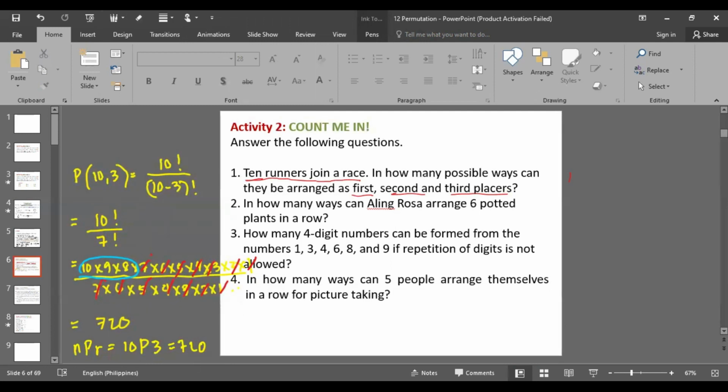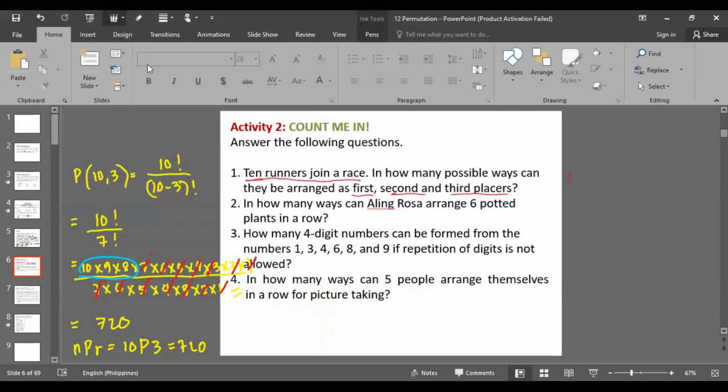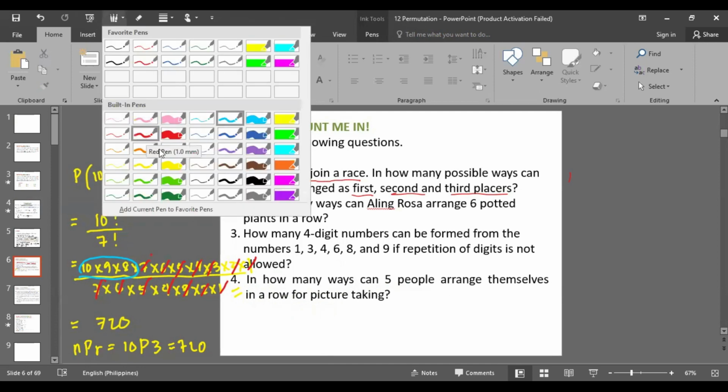Let's have number 4. In how many ways can 5 people arrange themselves in a row for picture taking? Under what case is this? Case 1 or case 2? There is a value of n there, which is 5.